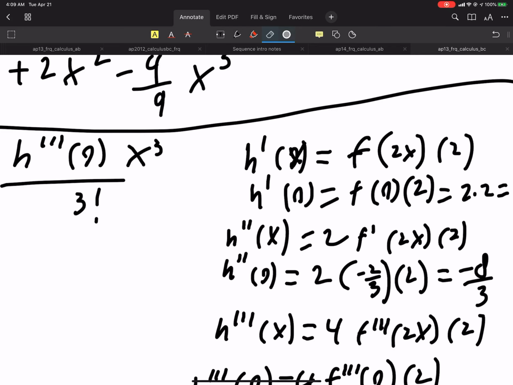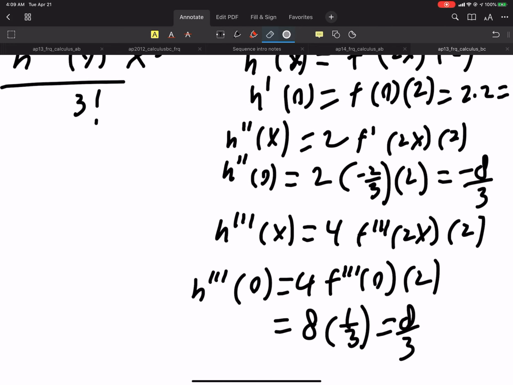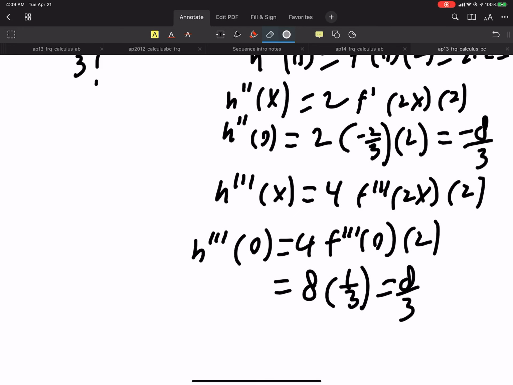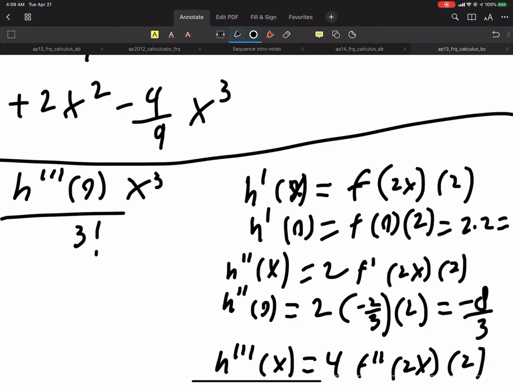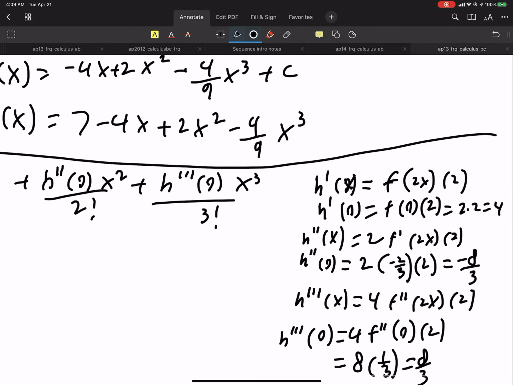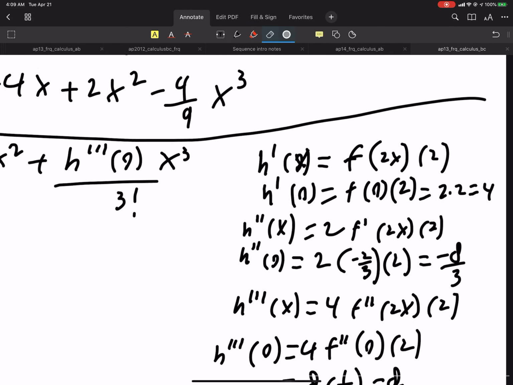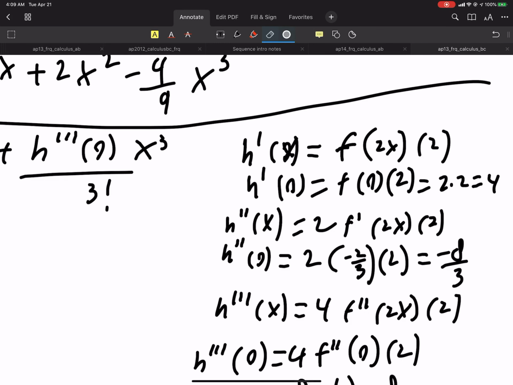This would only be prime, and this one will be double prime. I messed all of those up, guys, sorry. It's going to change all these answers. All of these will be changed. Wow, I really messed up.